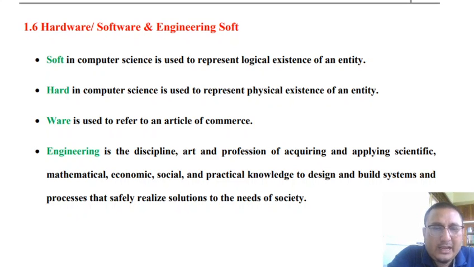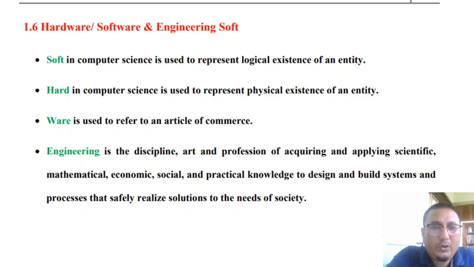Likewise, hard in computer science is used to refer to an entity that exists physically. For example, a robotic arm realizes a business, but it exists physically. A pen, a book, a table, or a chair are all physically existing entities with which you realize certain business. Now, ware in management is used to refer to an article of commerce, something with which you do business.